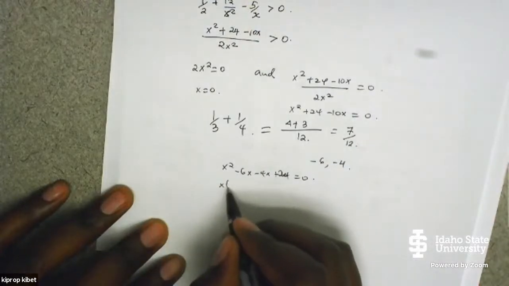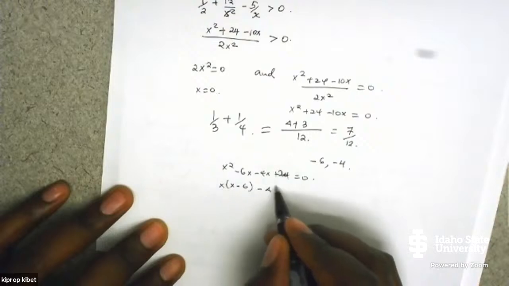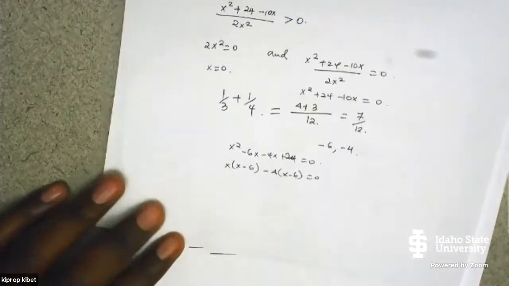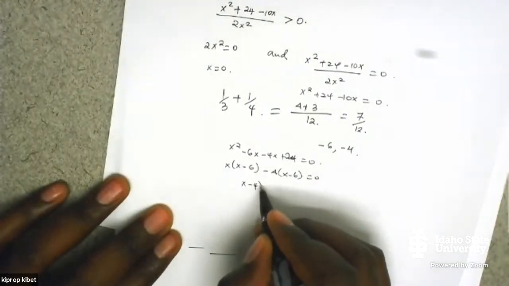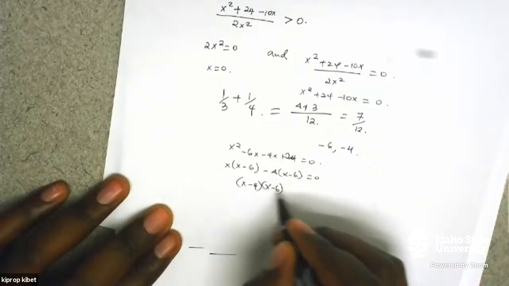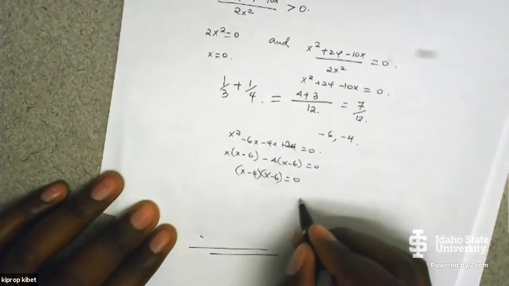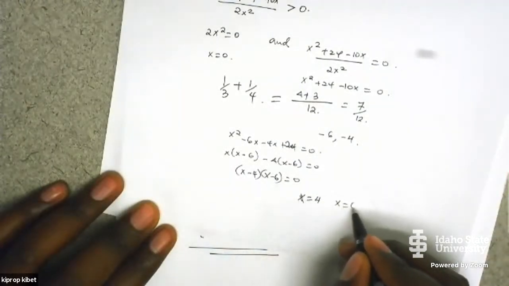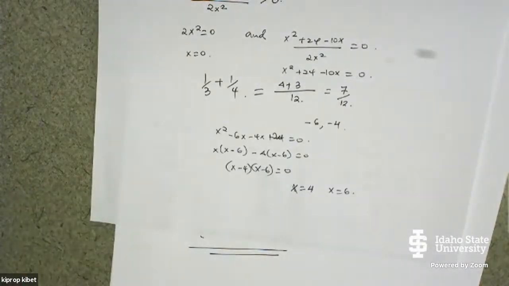So x minus 6, minus 4 times x minus 6 equals to 0. So you get x minus 4 times x minus 6 equals to 0. Using the zero product property, you get x equals to 4 and x equals to 6.